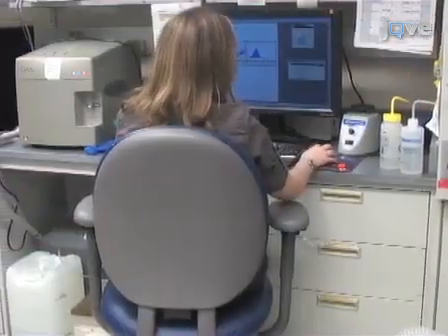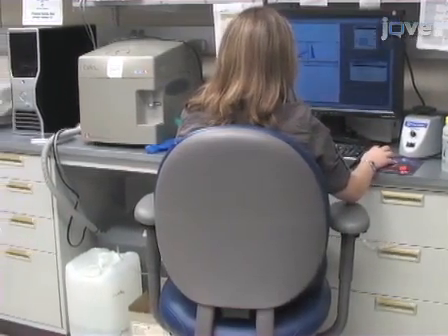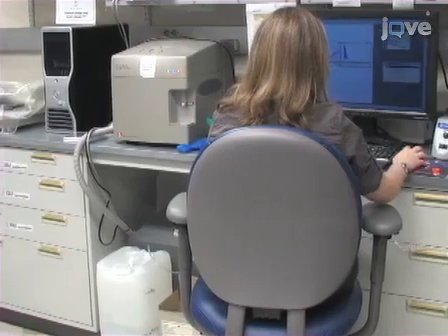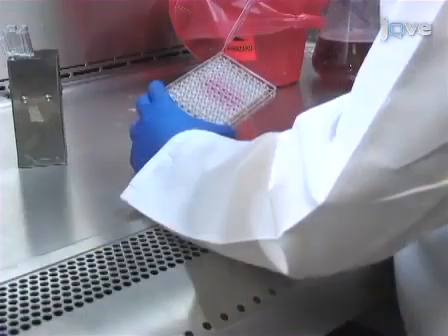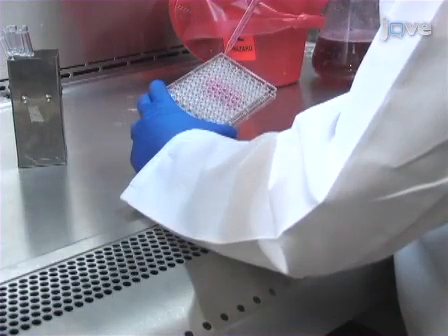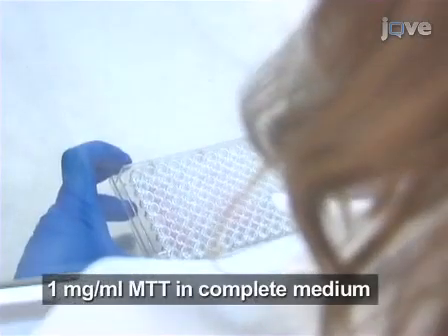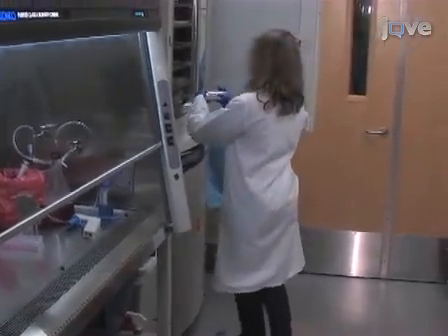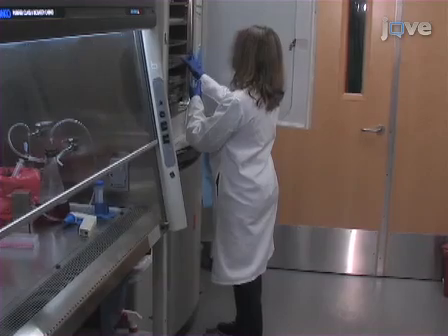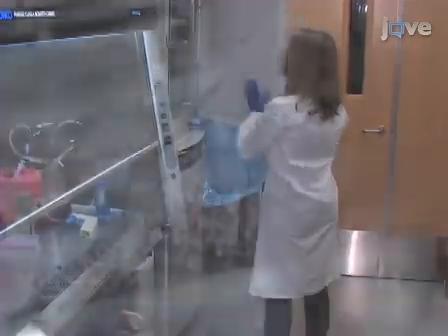After 48 hours, remove the 24-well plate and use FACS to analyze the transduction efficiency of each chondroitin sulfate and polybrene concentration. The following day, aspirate the media from all wells of the 96-well plate and replace with 100 microliters of MTT solution. Culture for 3 hours in a humidified incubator to allow MTT to be reduced in the mitochondria of metabolically active cells.